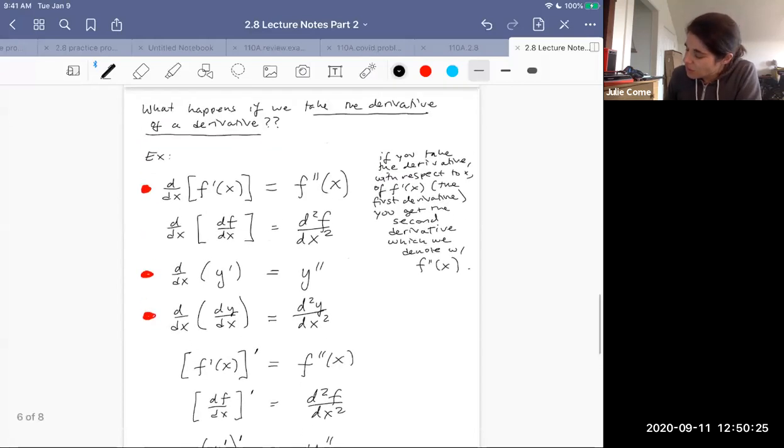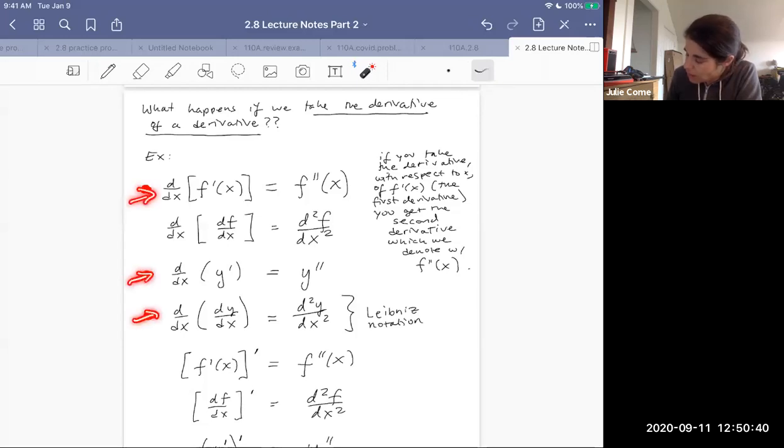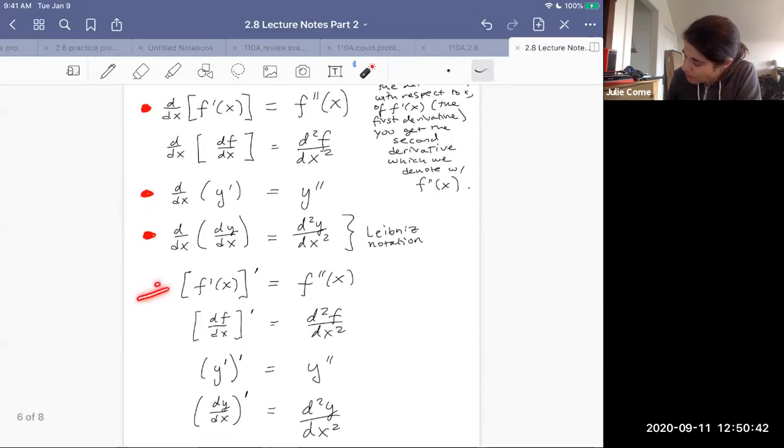So just to make a note here, this is called Leibniz notation. And it can be handy sometimes. We'll see it quite a bit. I would say the three that you are going to see quite a bit are these three. Sometimes you may see the same versions, but with the prime instead. So I can highlight these as well. However, I tend to use the top three a little bit more, but sometimes writing the prime is just convenient.